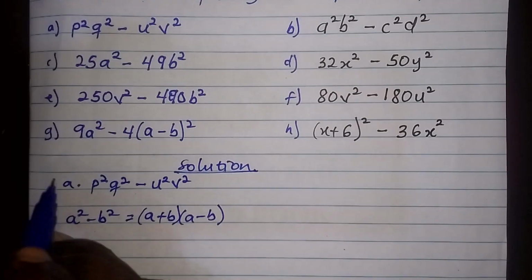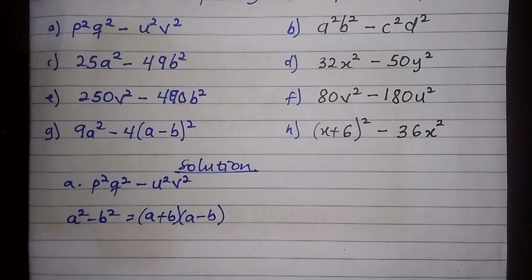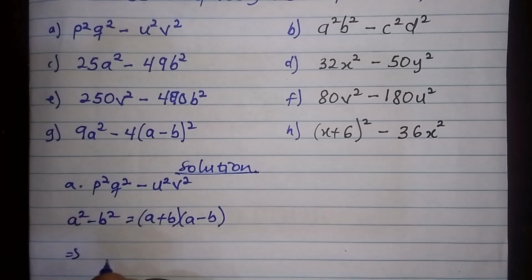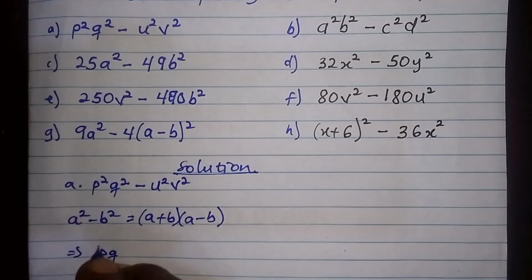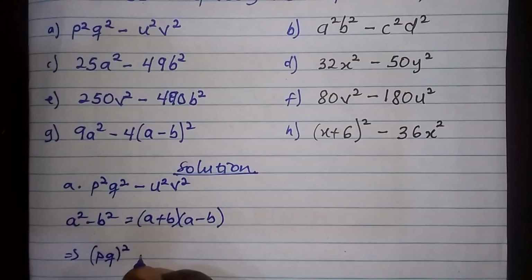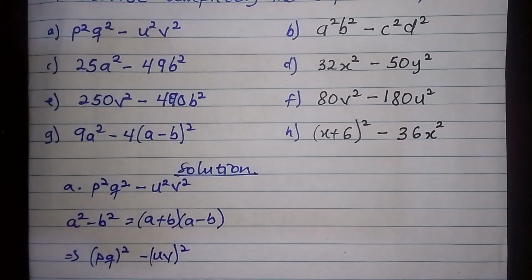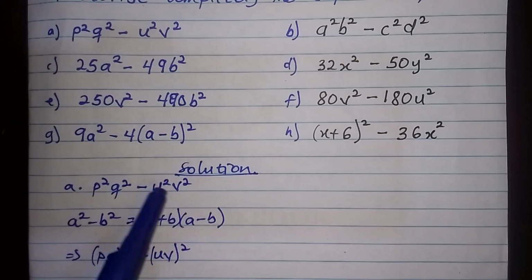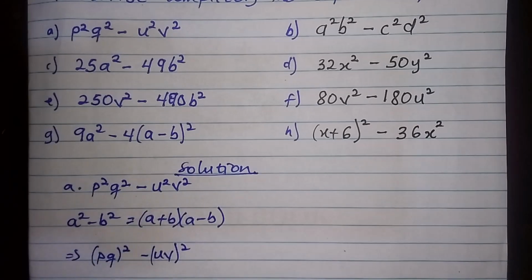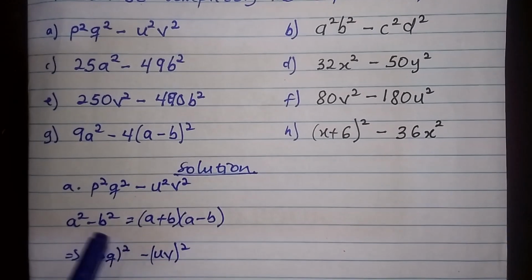So given the expression here, this can be written as (p²) all squared minus (uv) all squared. As a result of the square here, we give it a single squared. This is just like what we have here.